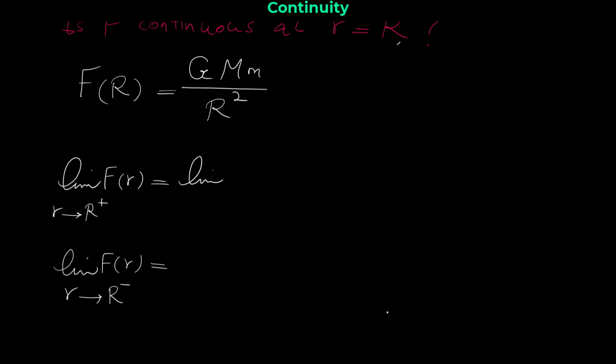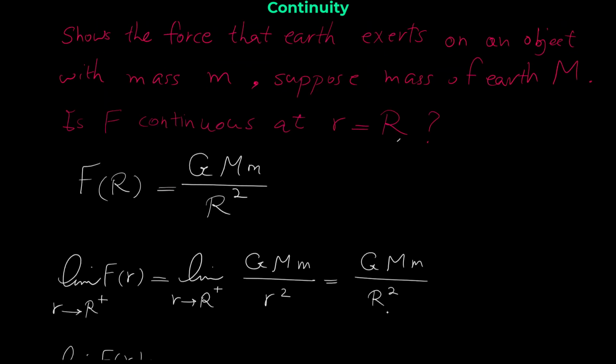What was the second equation? It was GMm over r to the 2 as r approaches capital R from the right. Simply, if you plug in R to find the limit, direct substitution works, and you can find the limit. It would be this. Let's see what is the limit from the left.